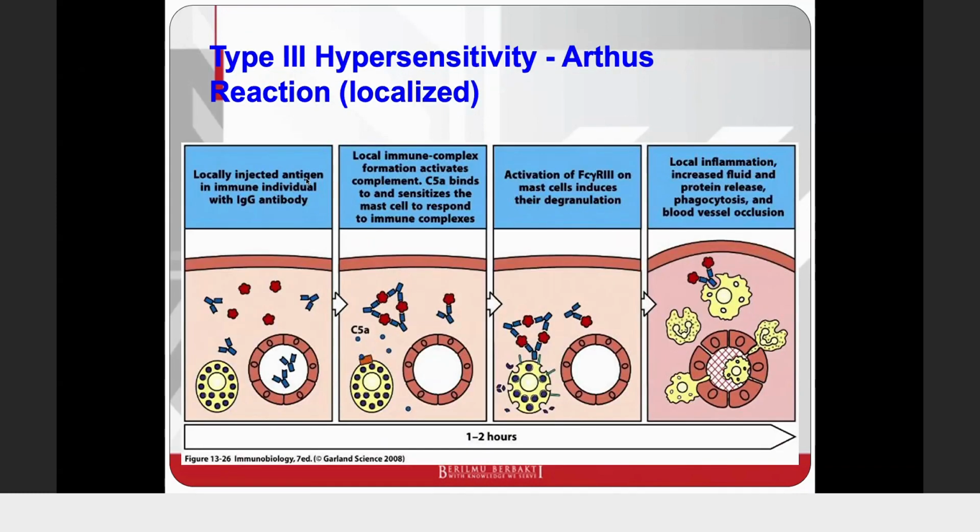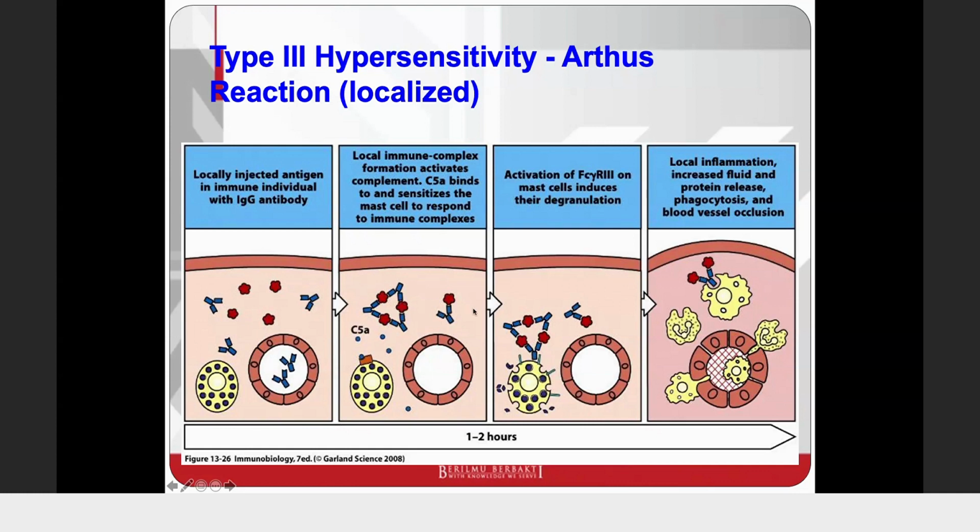So in this example, the antigen was injected into this individual. This individual has IgG antibody against the antigen, which will form the immune complexes and activate the complement.